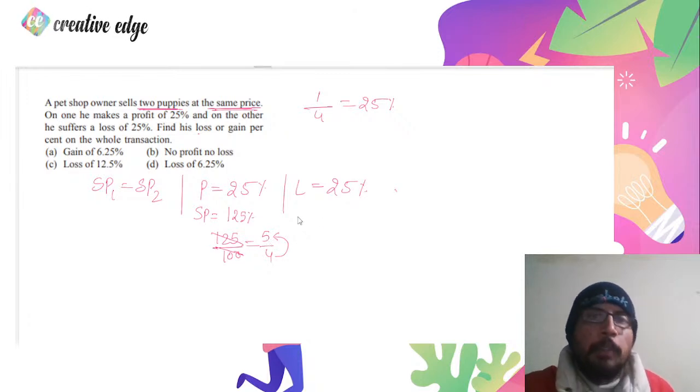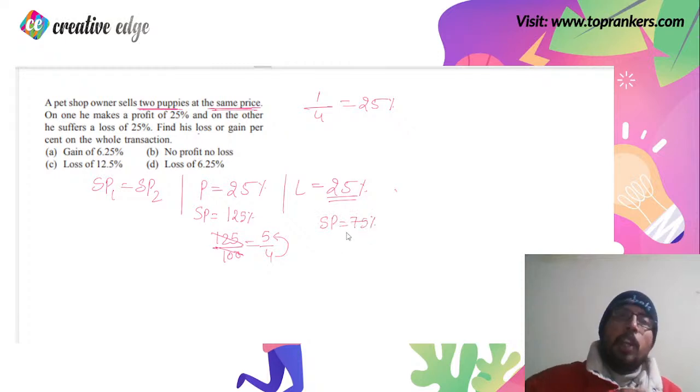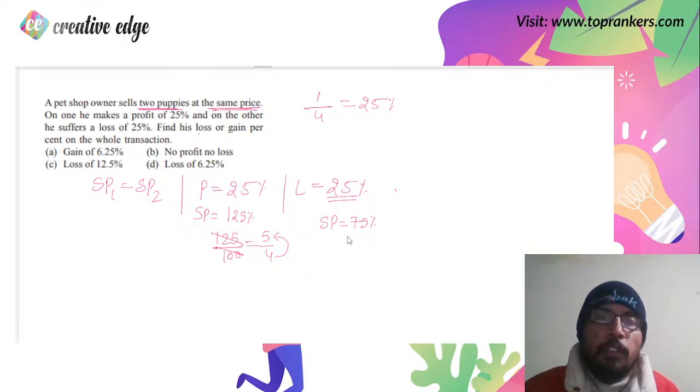In the same way, here I am losing 25%. 25% loss means that the selling price is 75%. Let us say I bought a commodity at 100 and I sold it at 75. So I can say that 75% is 3 by 4.